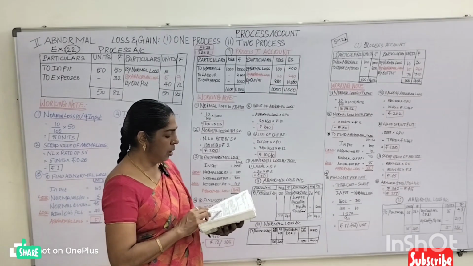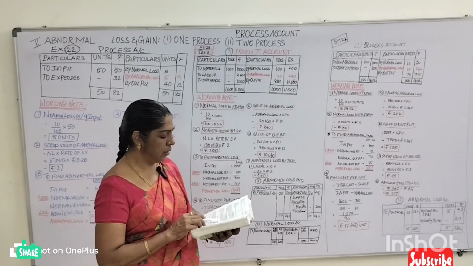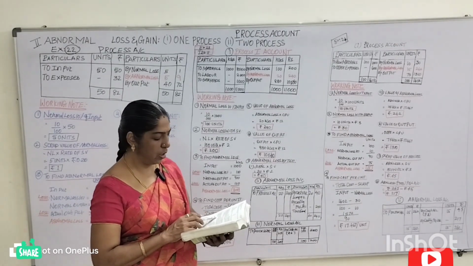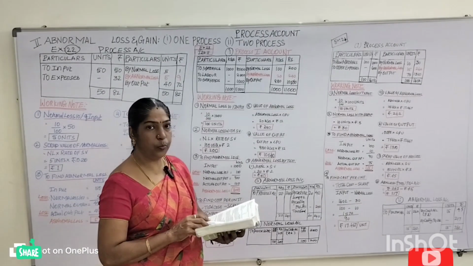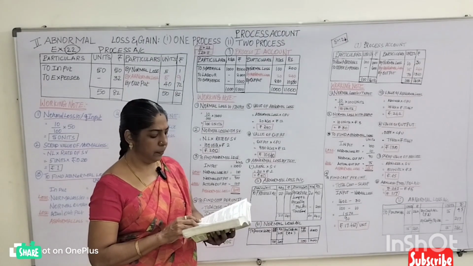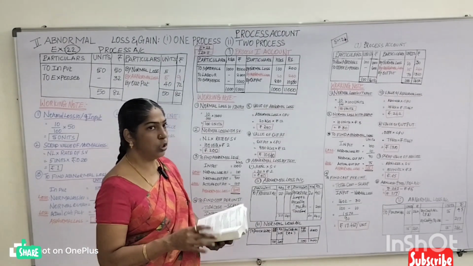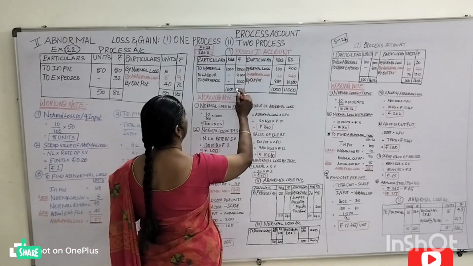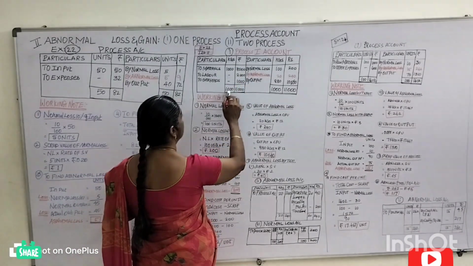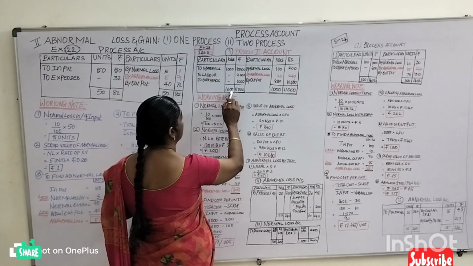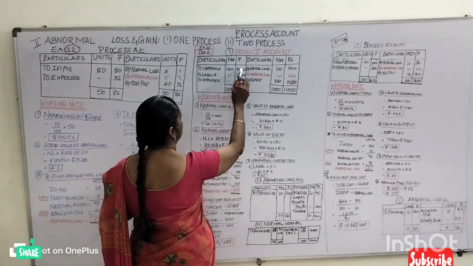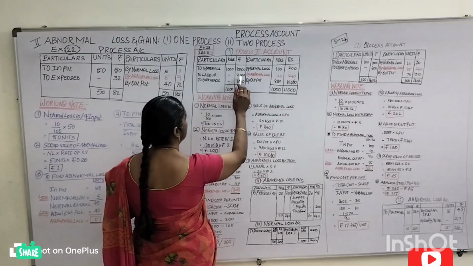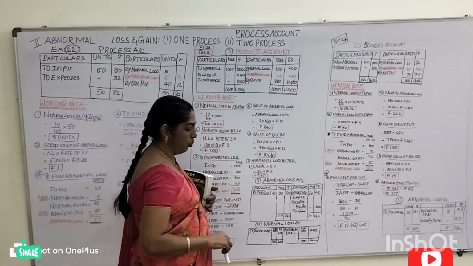Normal loss at 10%, and sold at 2 rupees, that means a scrap value of 2 rupees. Okay, production output 880 kgs. Okay, show the process 1 account. So at the end of the process 1 account, what is the total kgs introduced? 1000 units, or 1000 kgs input. Okay, what is the total cost? 8000 plus 2000 plus 1000, you will get 11,000 rupees total cost.